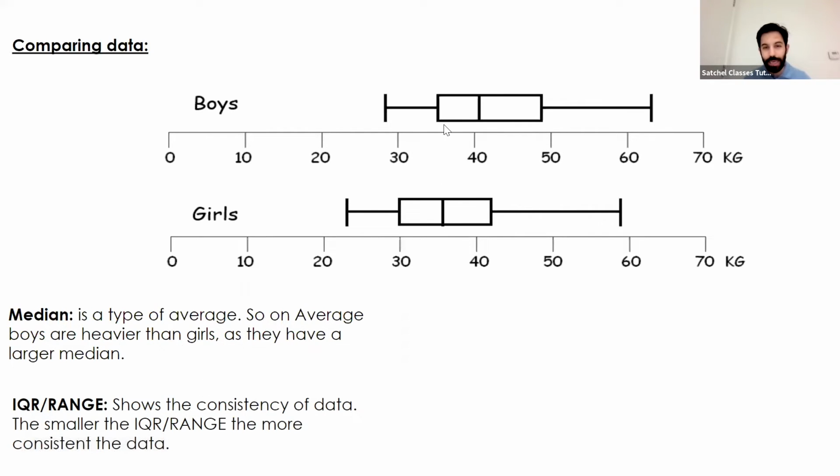So to calculate the IQR for boys, the upper quartile is 48 and the lower quartile is 35. For girls, our lower quartile is 30 and the upper quartile is roughly 43. So the IQR for girls is the upper quartile minus the lower quartile, which is 43 minus 30, giving an interquartile range of 13.